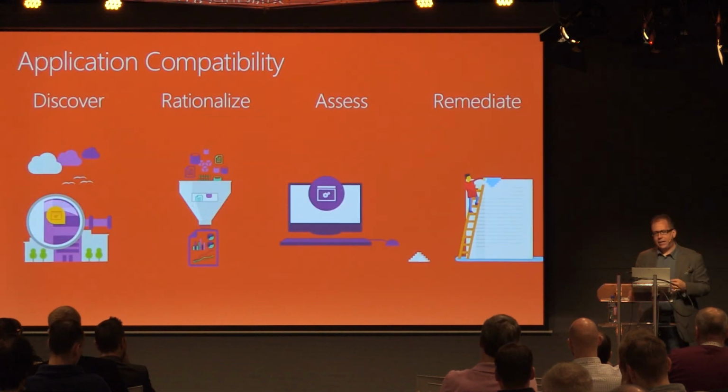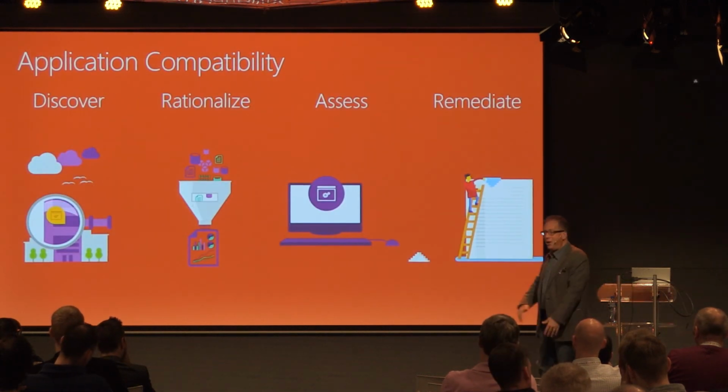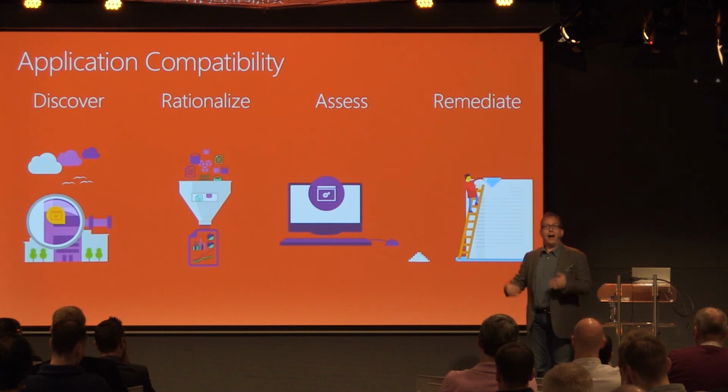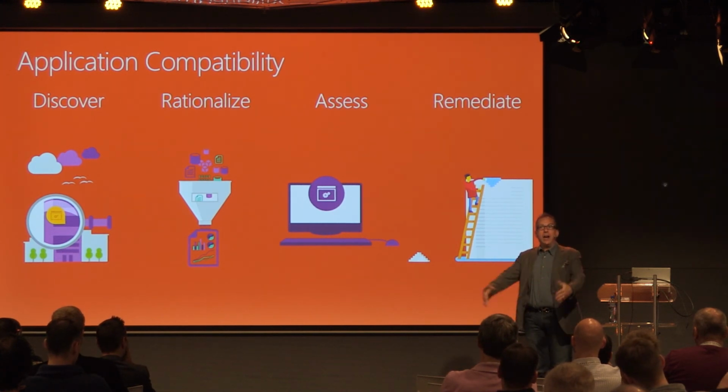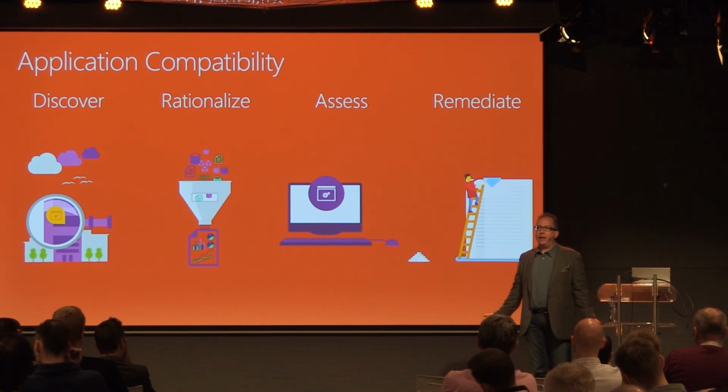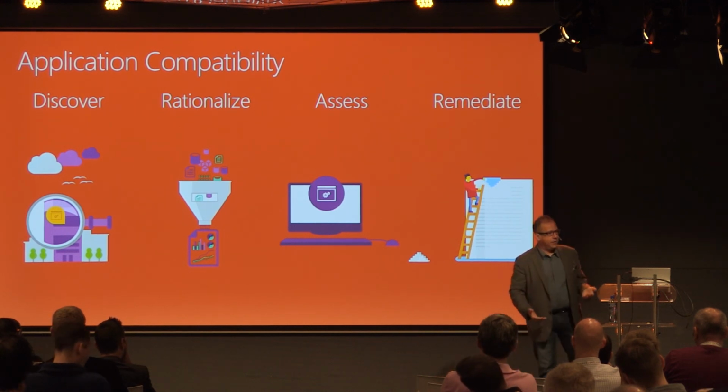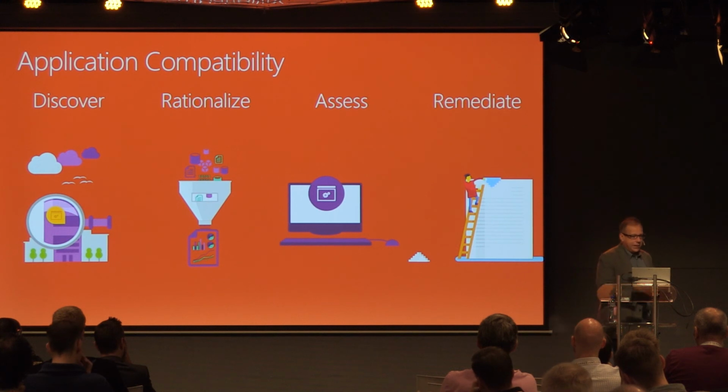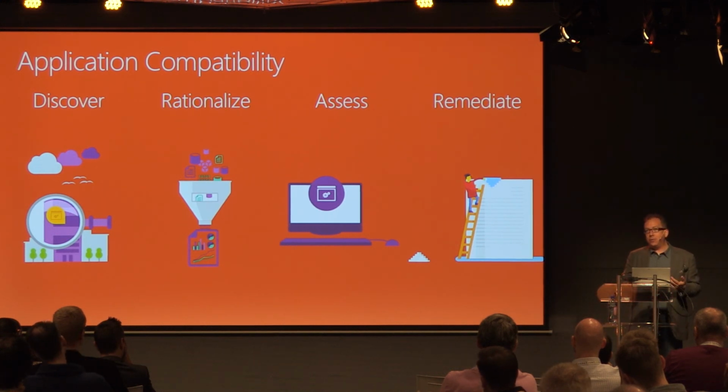So let's talk through it. On the app compat side, and I know I talked yesterday about how, from a point of getting to an agile platform, we want to move away from the legacy way of doing things, which is go find everything, rationalize it, test it all, and fix anything that's broken. If you're starting from a point where you don't know, that's really how you build up that initial library, right?